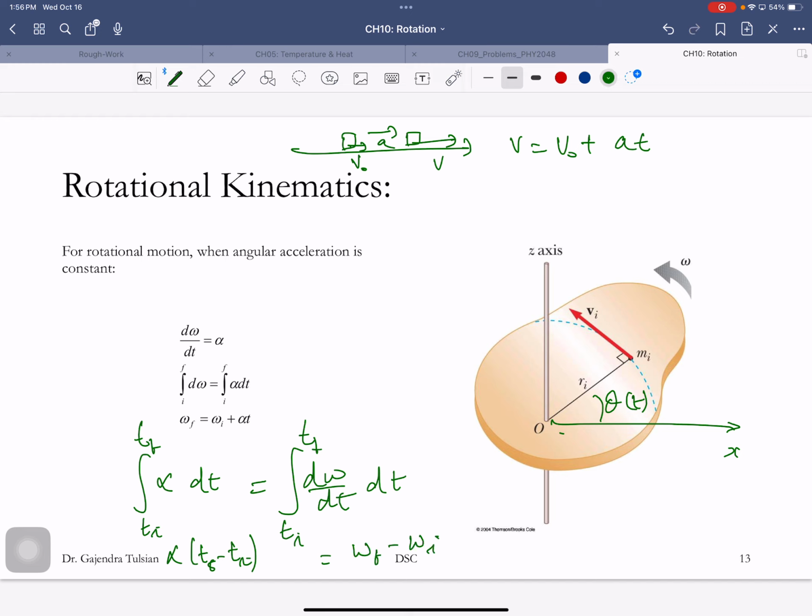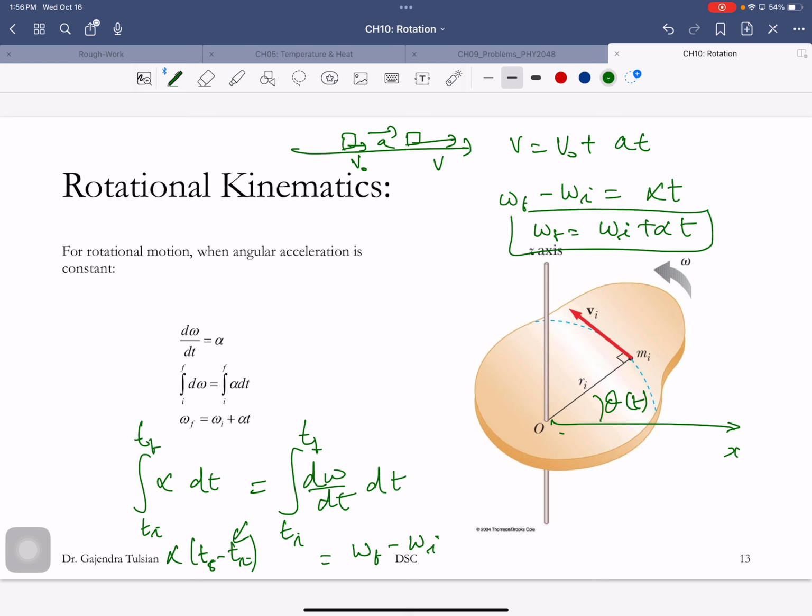We'll call this t. Omega final is omega initial plus alpha times t.